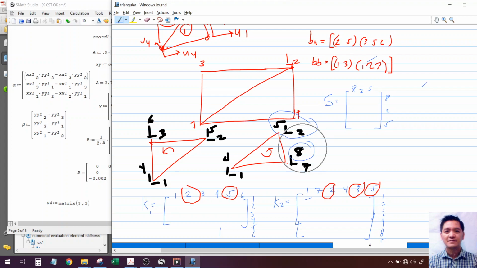Okay, 825. So, si 2 and 5 from K1, saan siya mapupunta dito sa S? Nandito. Sa pangalawa at sa pangatlo. Okay. Or in my case, sinet ko yata siya na 285.